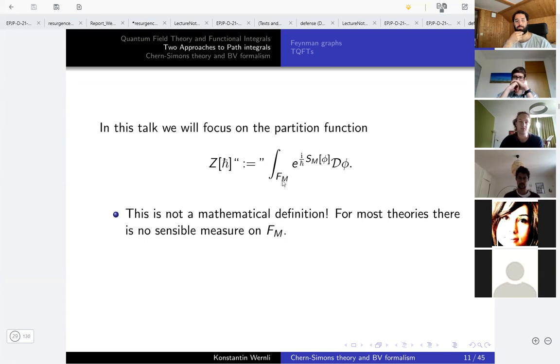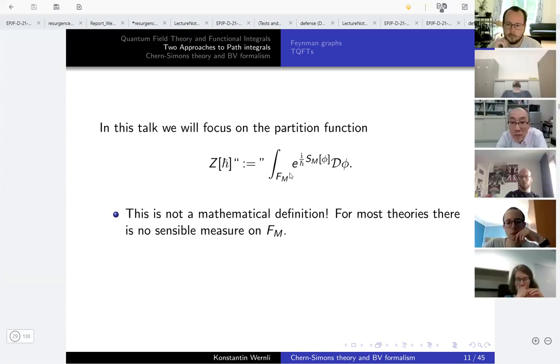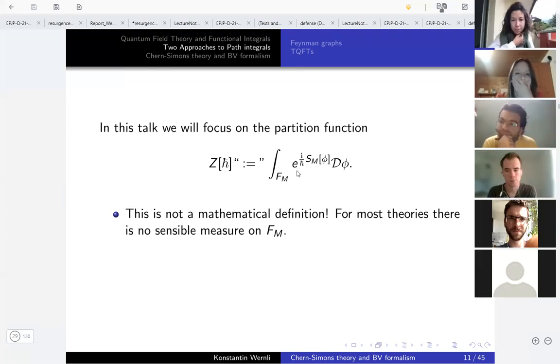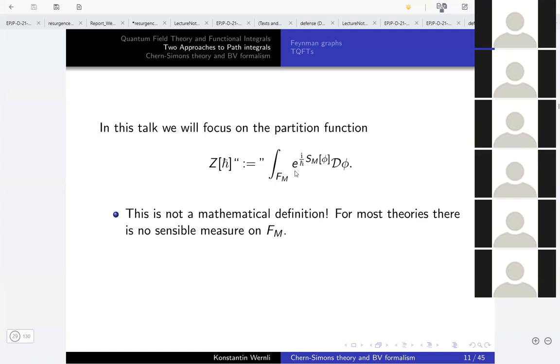Of course, you can put stupid measures there, but you would like to have a nice measure that's maybe translation invariant and has certain properties. There is some work by Glimm and Jaffe in 1 dimension and 2 dimensions. You can do some things, but in general, this is really, really hard. So there needs to be an alternative approach.